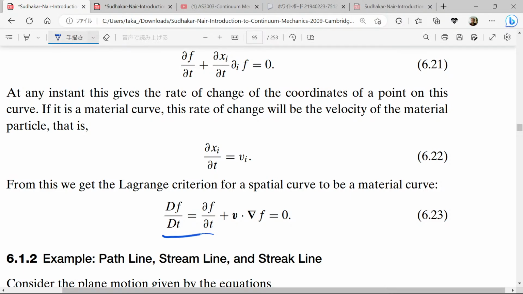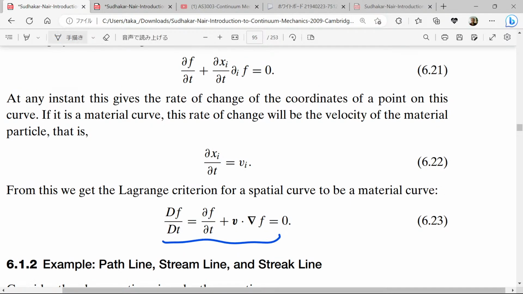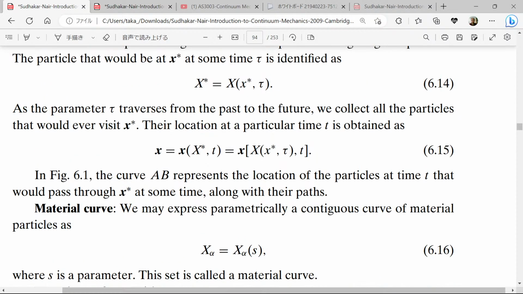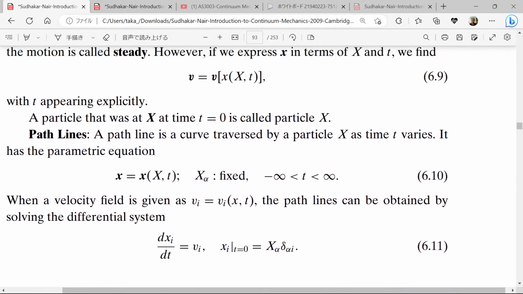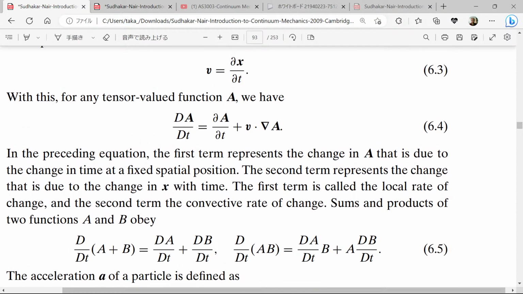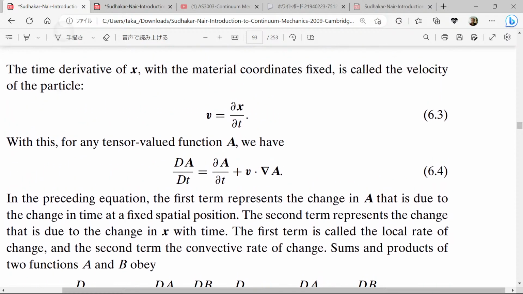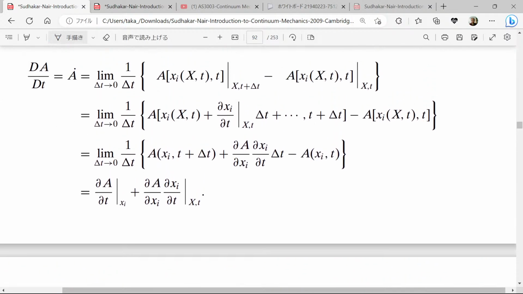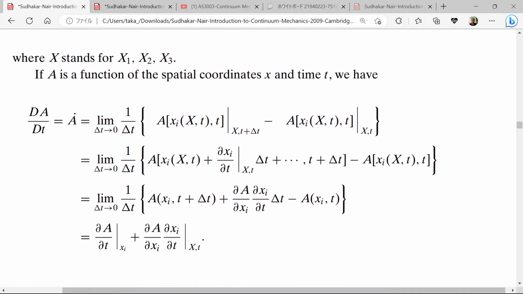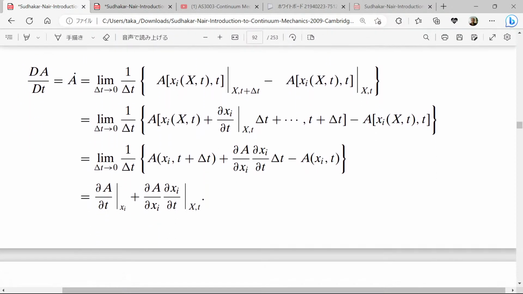Total derivative is like this. This is the total derivative. Partial derivative.